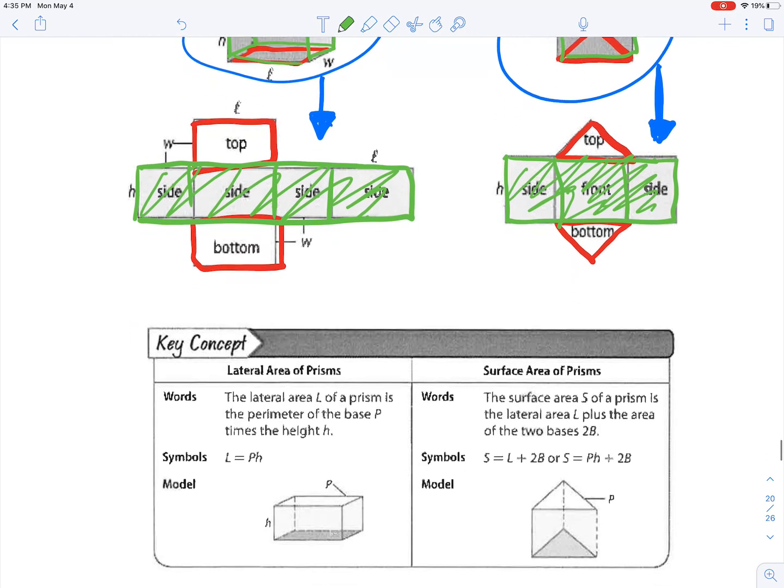So we have two different formulas here. One for lateral area and one for surface area that covers the entire surface. The lateral area of a prism is capital P, the perimeter of the base, times the height of the prism. So this is my formula for the lateral area of a prism.